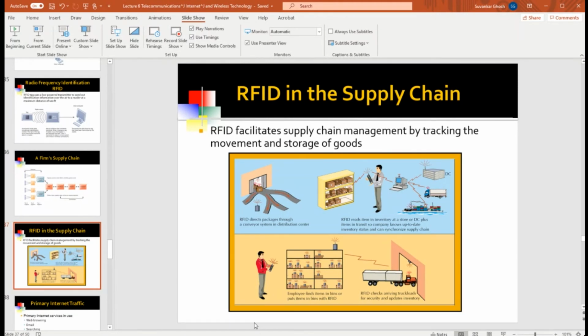So the person can get immediate stock taking of the status of inventory in the warehouse. Similarly, for parcels that are in transit, at any transit point, you could use your RFID reader to determine what items are in transit.